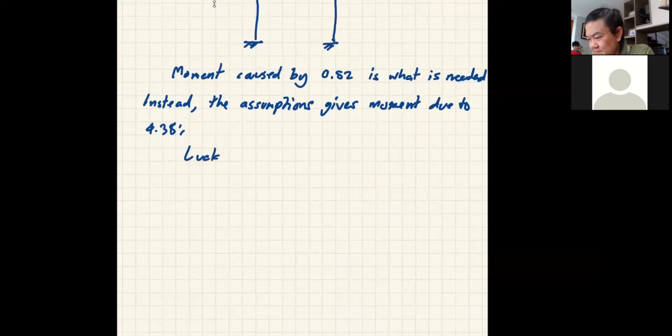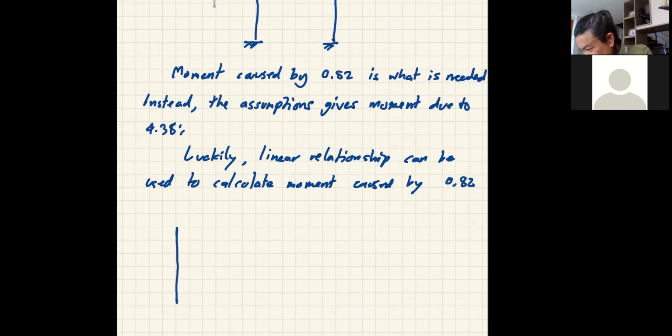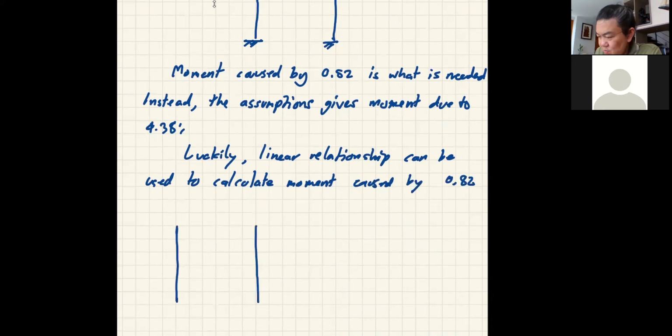Luckily, the linear relationship can be used to calculate the moment caused by 0.82. So now I'm just going to bring this. What do we have here? Running out of time.